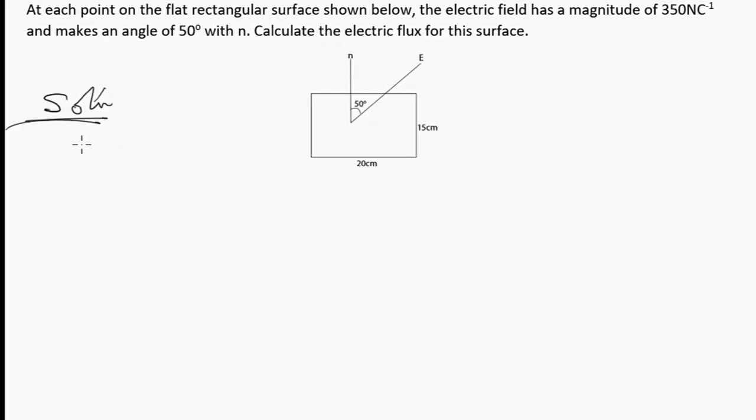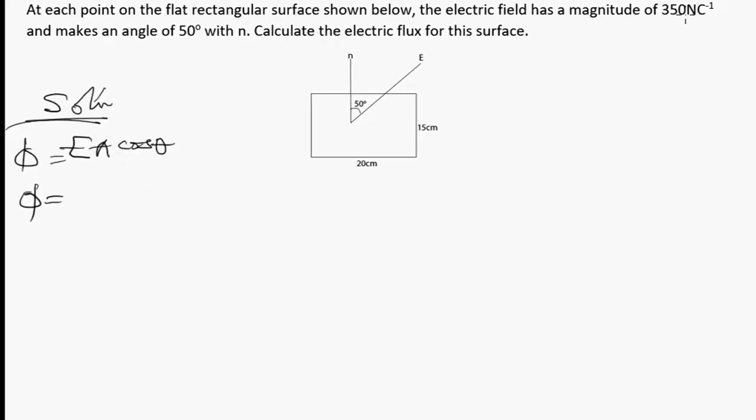The first step is to use our formula for electric flux, which is EA cos theta. So the flux here is the electric field times the area, then times cos theta.